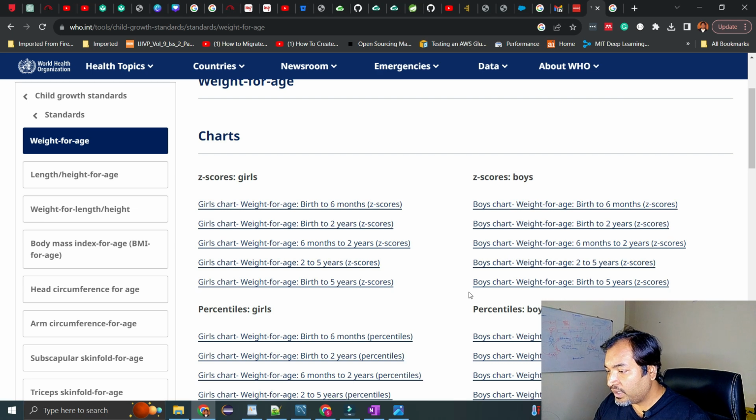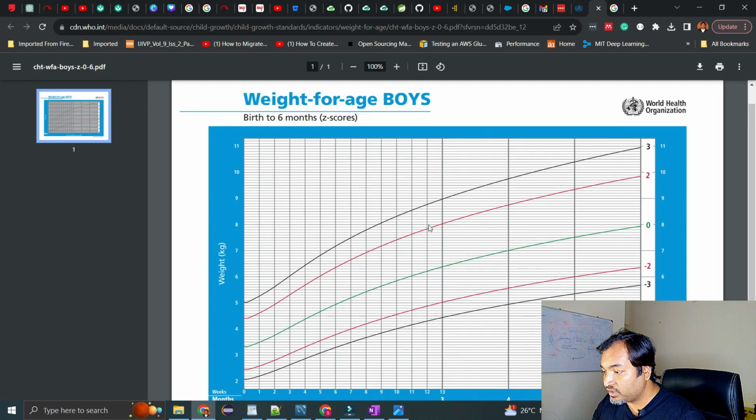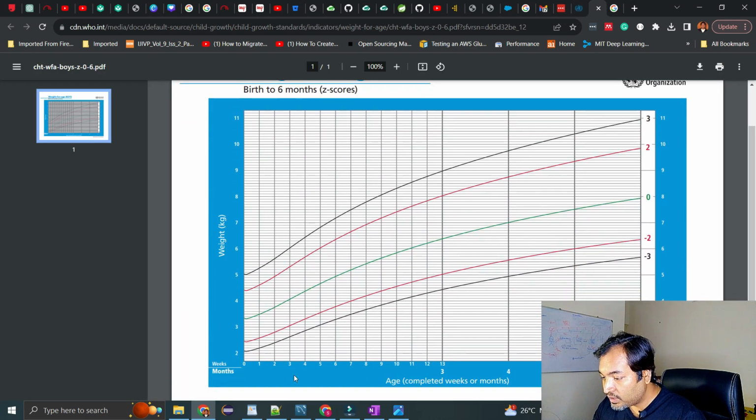For example, let's say I show you the Z score of a boy who's turning 6 months, right? The 0 to 6 month journey you can easily illustrate with this Z score. This is in weeks: first week, second week, third week, up to 13 weeks, right?